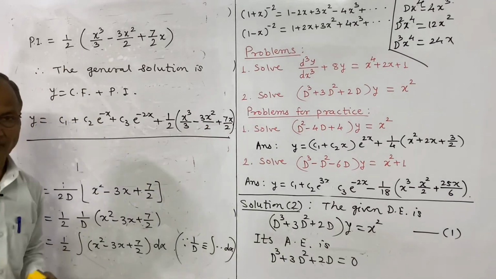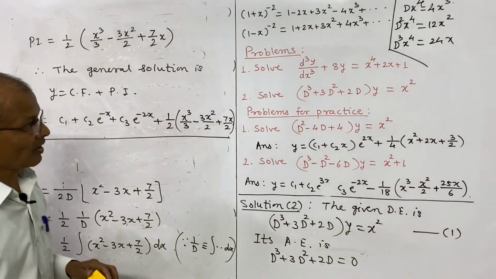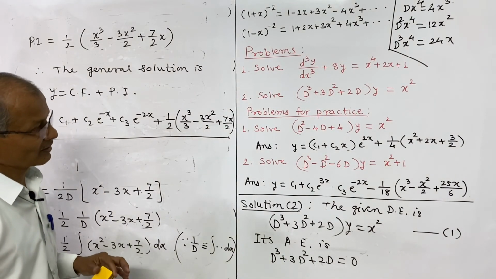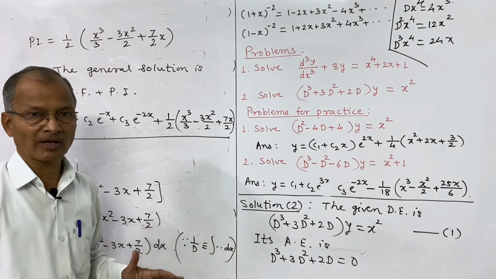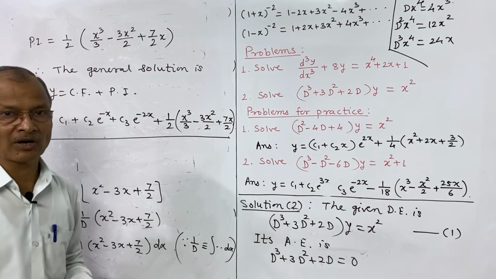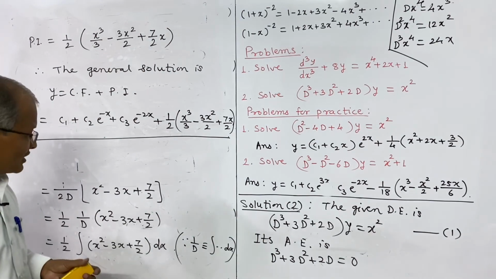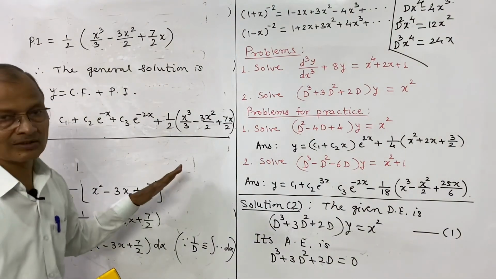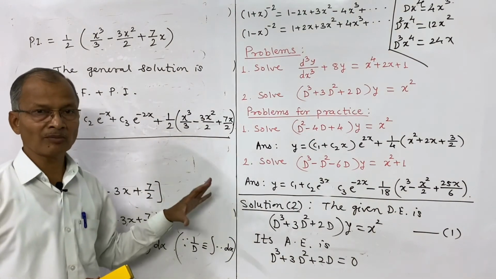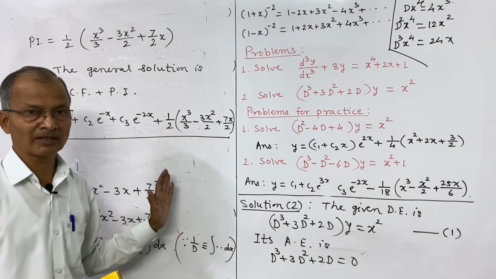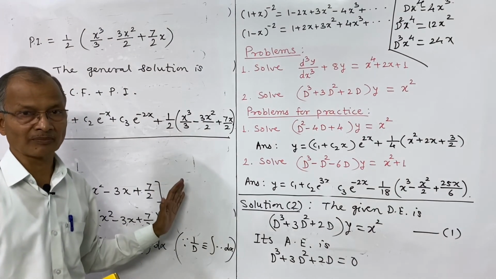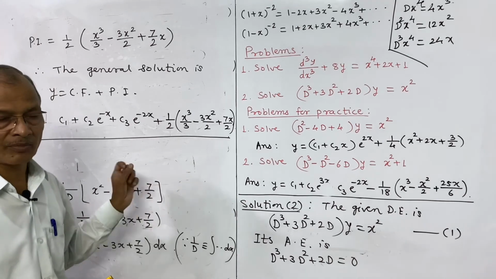of the second problem. In this way, we have solved two problems using the short method to obtain 1 upon f(D) operated on x power m. So what is to be noted is 1 upon f(D) is to be written as 1 plus, take minimum power of D common, and it is to be written as 1 plus some function of D. And then in the numerator it becomes negative power.